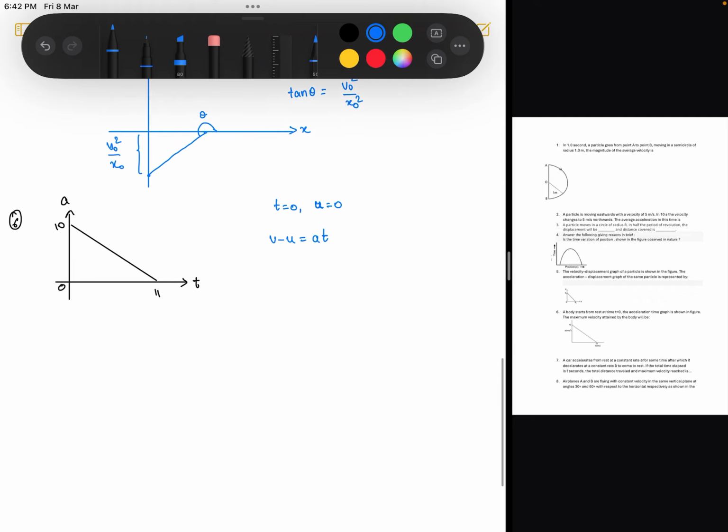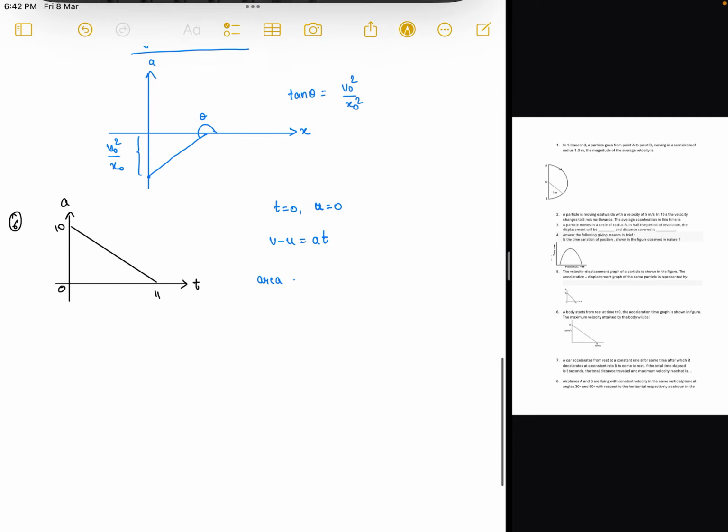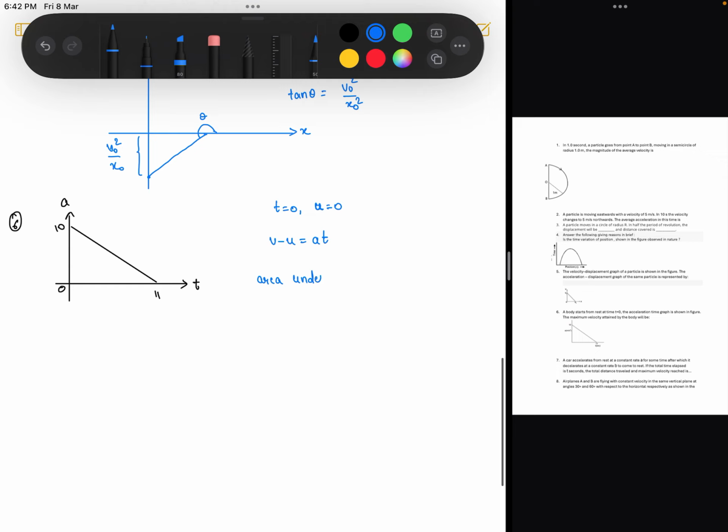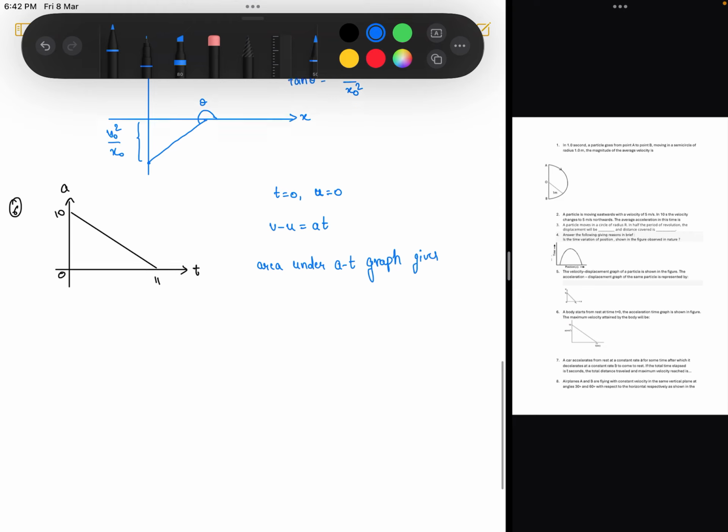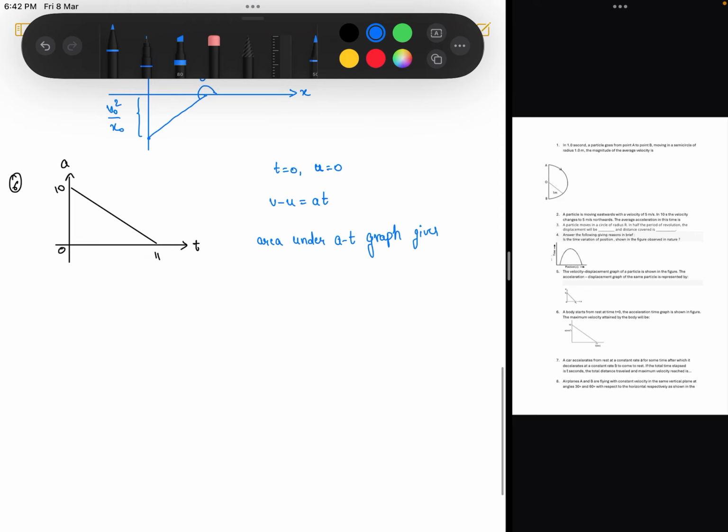So from this graph, the conclusion we will draw is that the area under the AT graph gives the change in velocity.